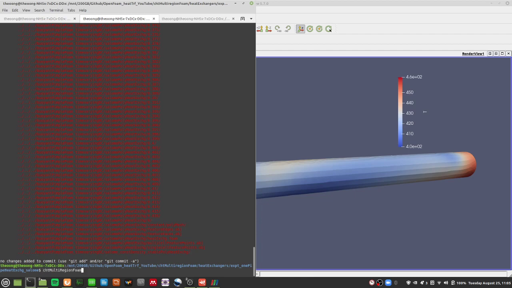Okay, let me try again. chtMultiRegionFoam, git add and git commit, chtMultiRegionFoam 1 pipe heat exchanger stable but not physical. Okay.